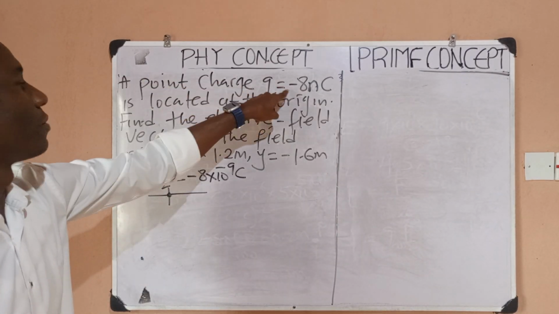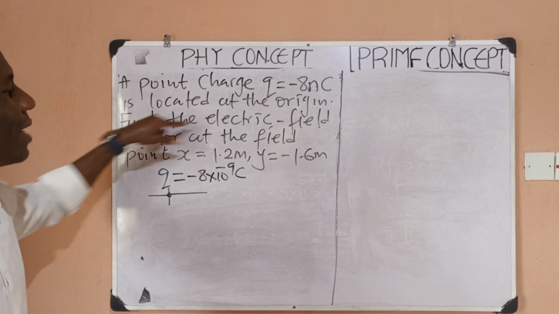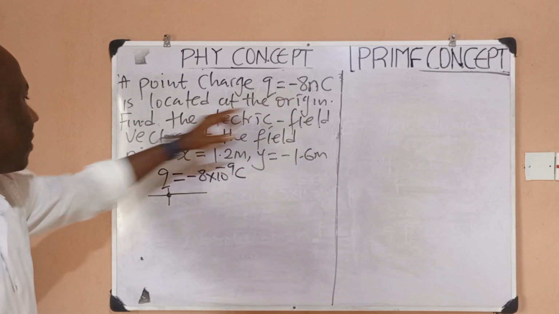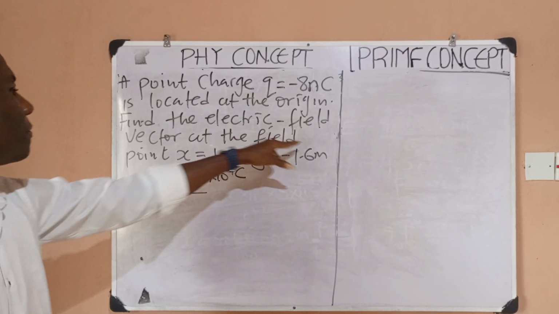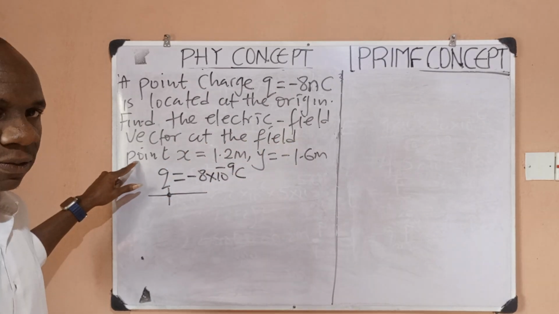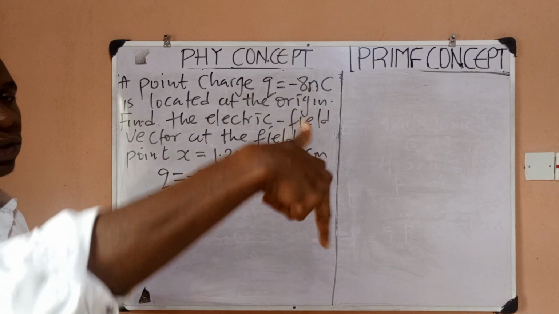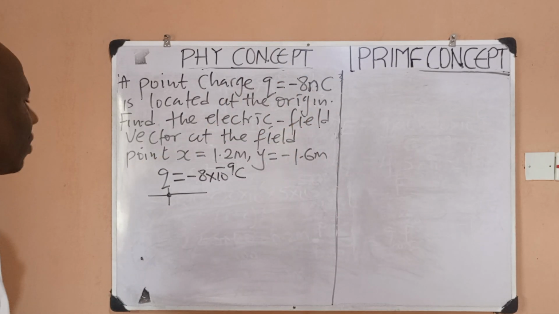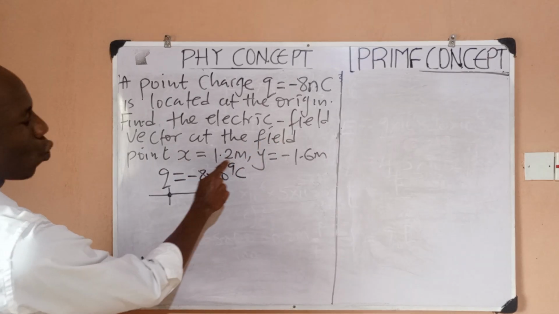A point charge is located at the origin. Find the electric field intensity, that is what it is, the electric field vector at the field point. Another name for field point is test region. So at the field point, x equals 1.2 meters.